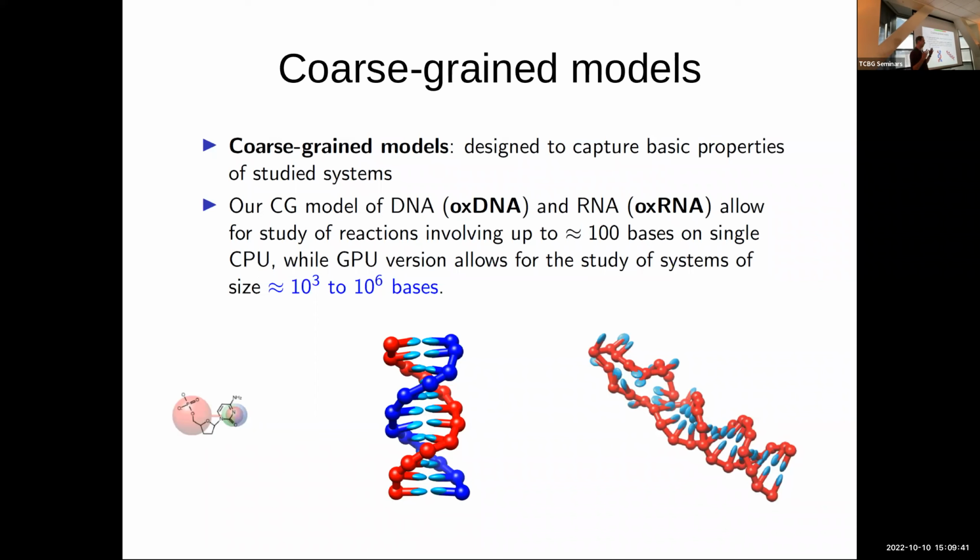Rather than starting from a full atomistic representation and grouping atoms together, we just say, what do we want the model to reproduce, and what is the minimum representation that we can get to reproduce the behavior we want. So in our case, we represent the entire nucleotide of 20 to 30 atoms by a single rigid body with multiple interaction sites.